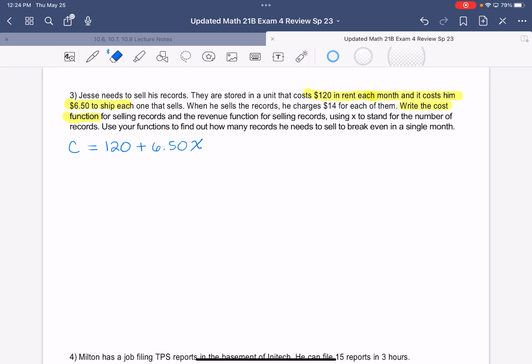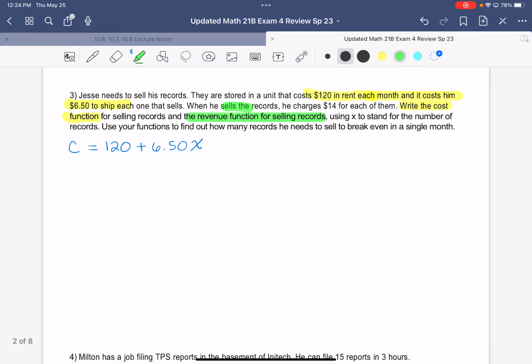It also wants us to write the revenue function when he sells the records. So how much revenue does he make when he sells the records? How much does he make when he sells the record? It's $14, right?